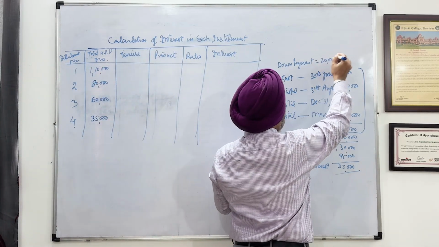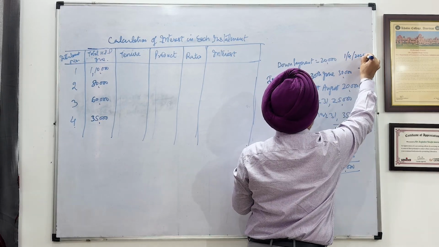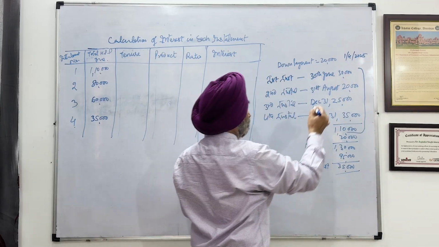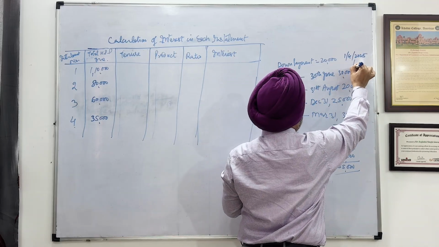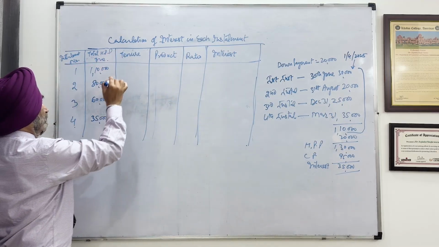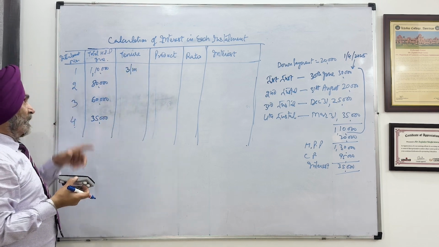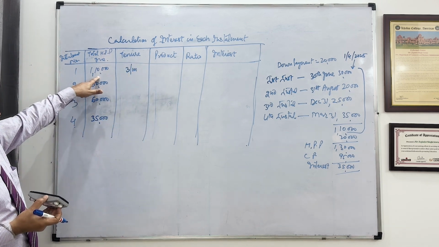This 1 lakh, this remained due. Our down payment started from 1st of April 2025. So this amount remained due for 3 months, from April to June. 3 months period, 1,10,000 remained due.